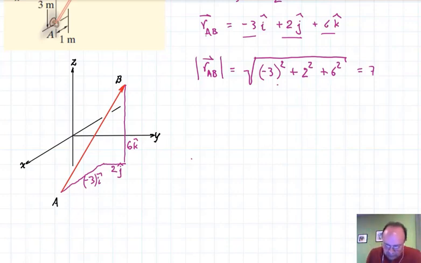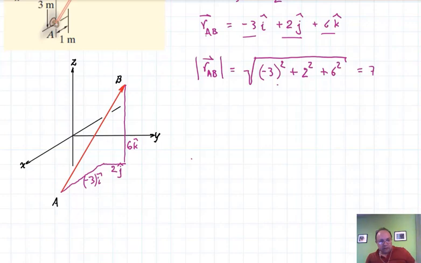Now if we want to get the direction of the vector, those will be the angles that the vector makes with respect to the coordinate axes. So basically we need to get the cosines, and then we get the arc cosines, the direction cosines.